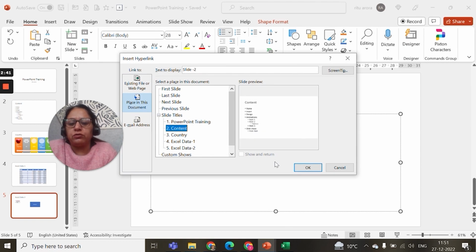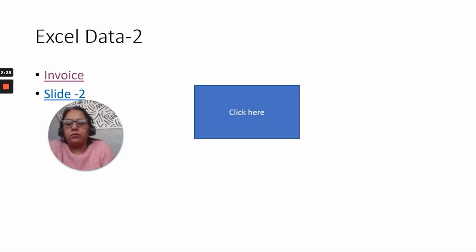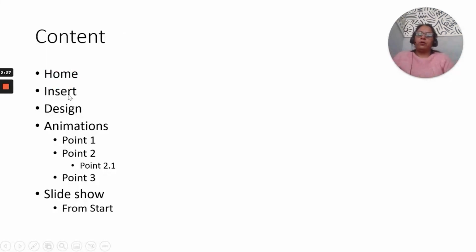So I'll just press 2. I'll click on OK. So it's a hyperlink with slide 2 of the current presentation. Now I'll go to slideshow, and if I click on the slide 2 link, it will take me to slide number 2. So within the presentation also you can create a hyperlink.